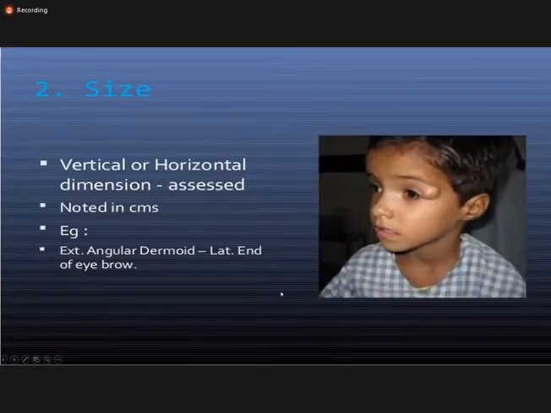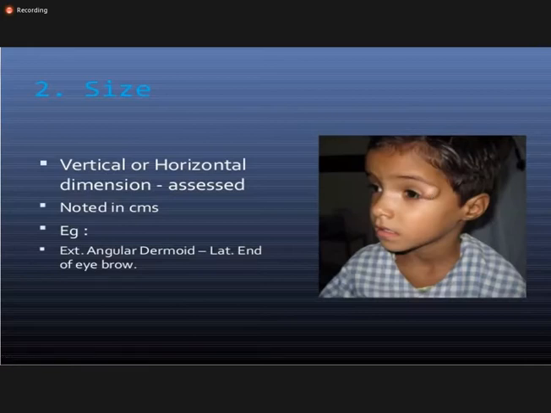Okay. For this, I have mentioned already that we will assess the dimensions in the size. Its length of the swelling, width of the swelling, and the depth. We will not actually assess the depth of the swelling clinically.